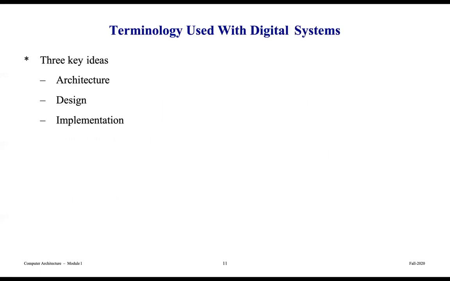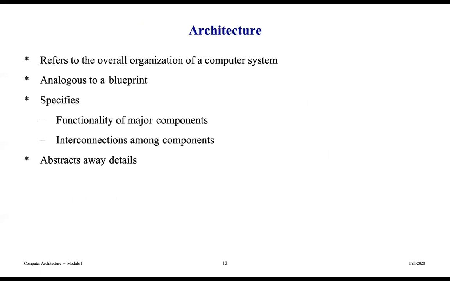So we will be talking about architecture, design, and implementation. You will see that a lot as we move through the class. Architecture refers to the overall organization of a computer system. It's analogous to a blueprint. The specifics: there's a functionality, the major components, the interconnections.